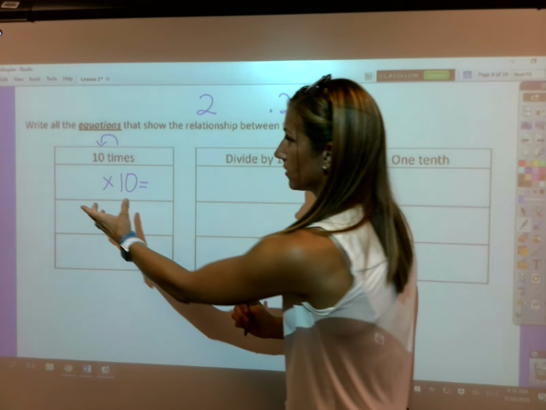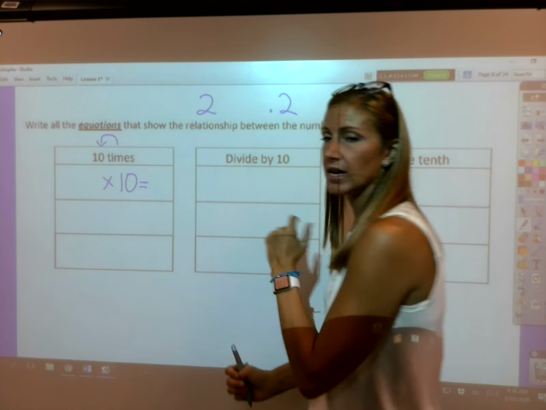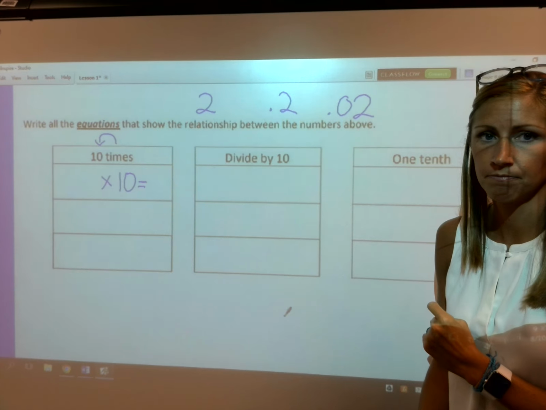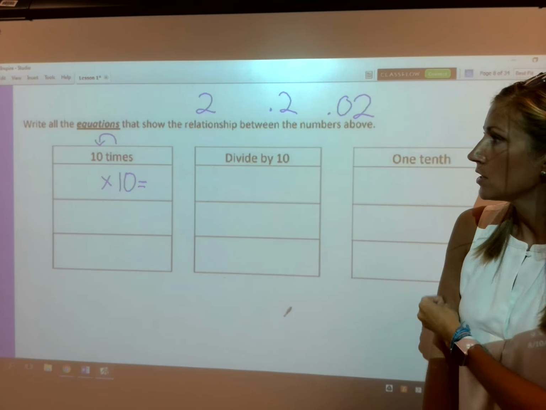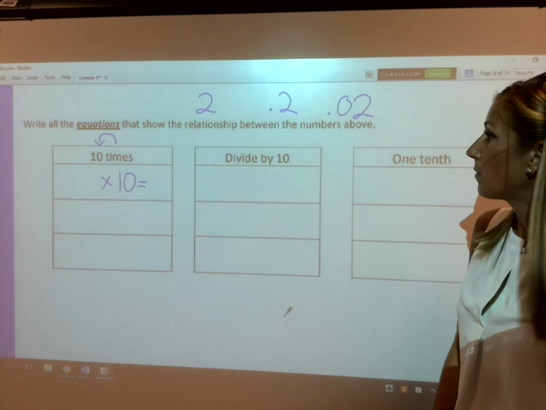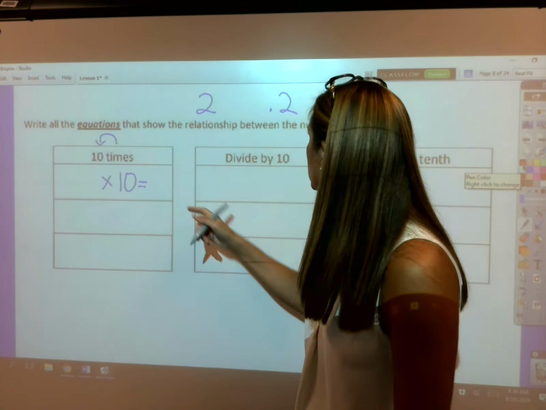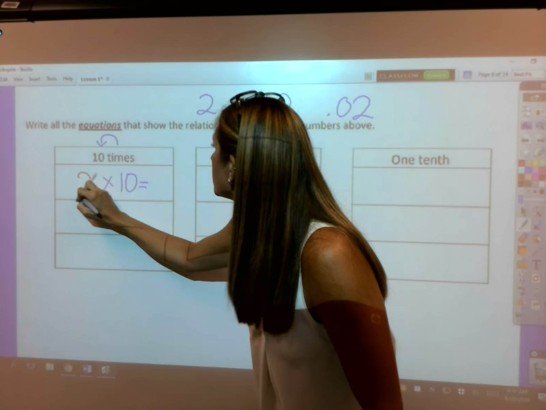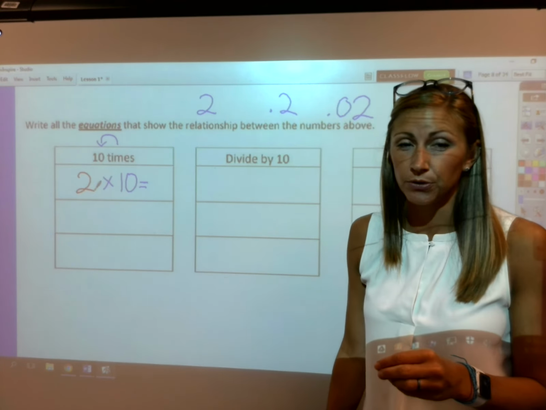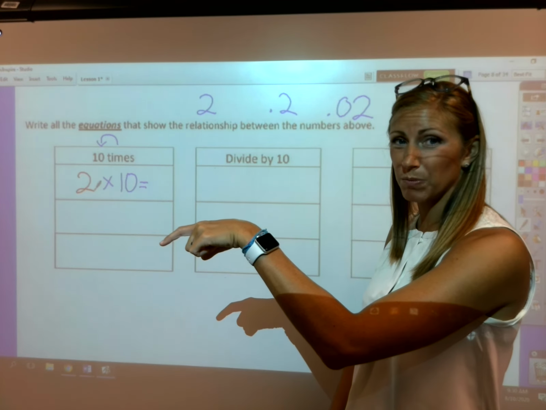So we need to figure out which one of these could be multiplied by 10 and equal one of the other ones. What do you think? Sometimes it might just be trying and seeing what you could possibly get. So we use a different color to see it. We have it listed here. Let's try it. 2. If I started with 2 and it times by 10, we said the 2 is going to go this way. What place value would it be in?